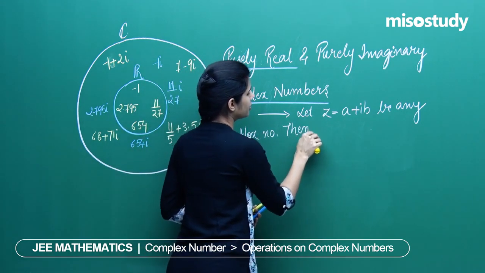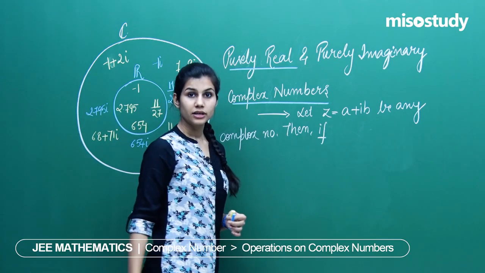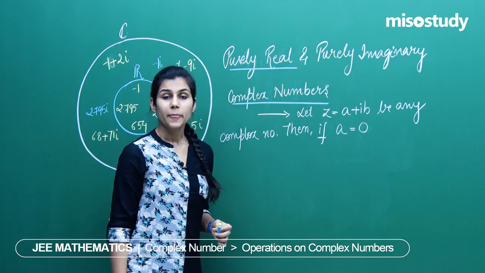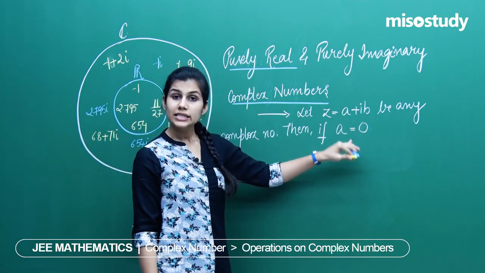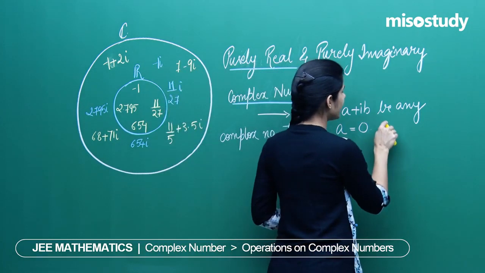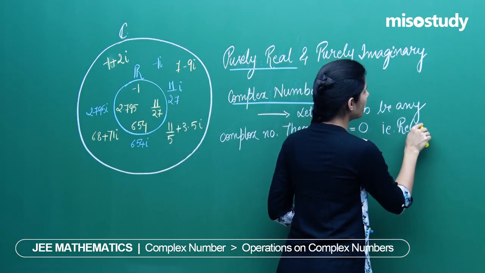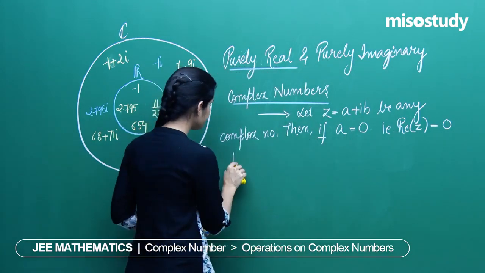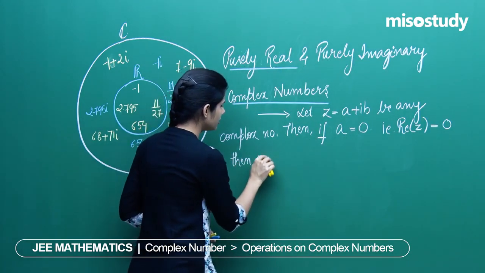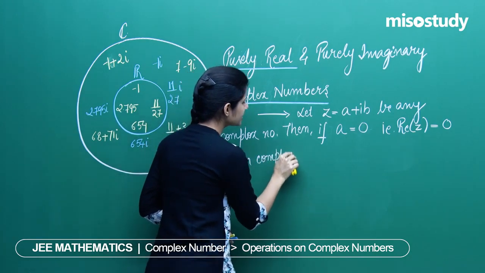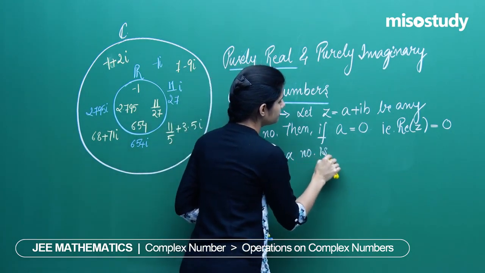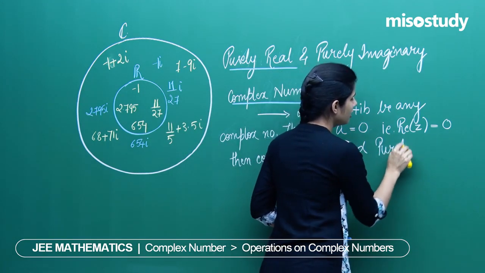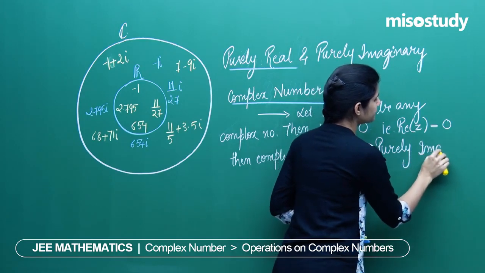Then, if a is equal to 0, that is, the real part of the complex number z is 0, then the complex number is called purely imaginary.